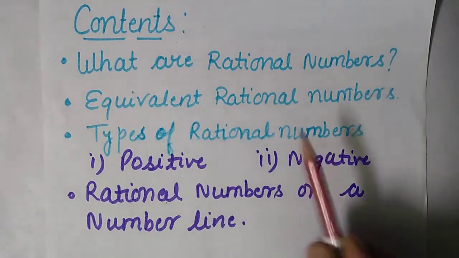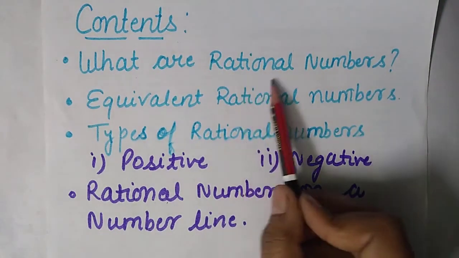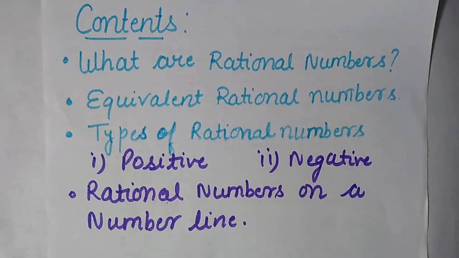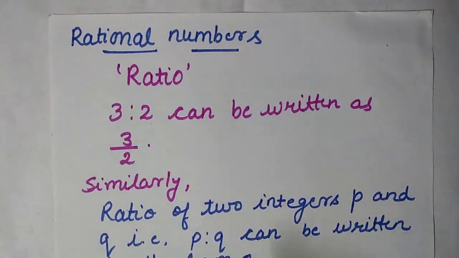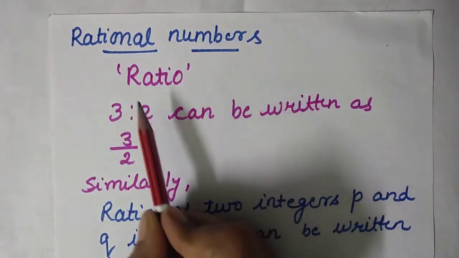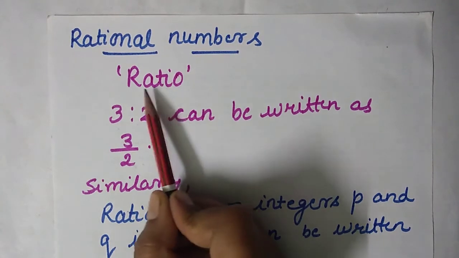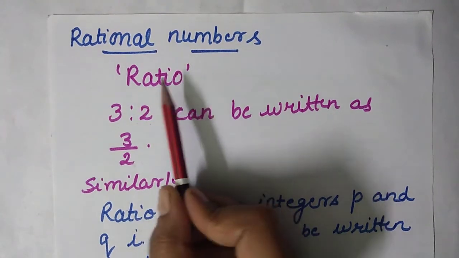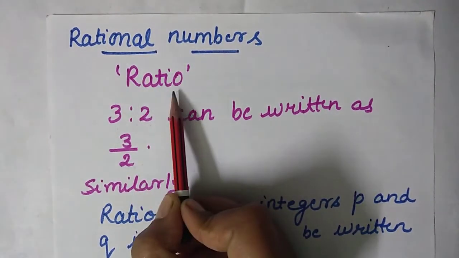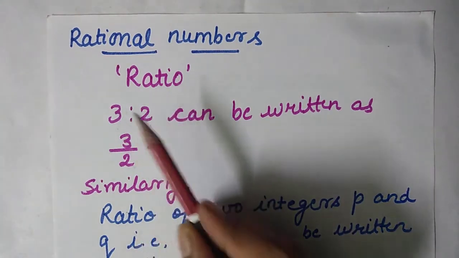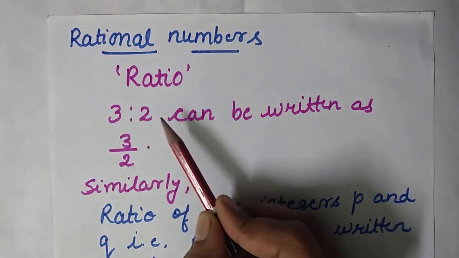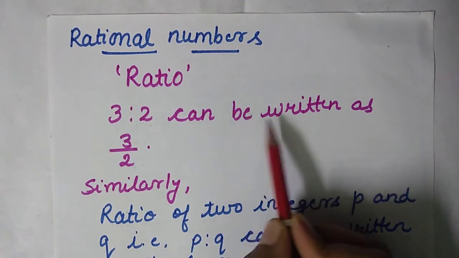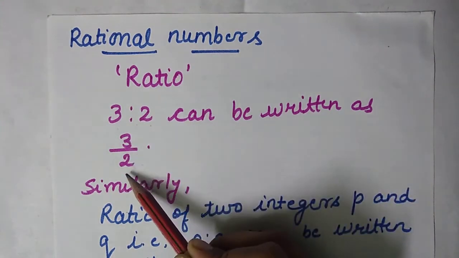So let us start with the first topic, that is rational numbers. What are rational numbers? The word rational arises from the term ratio. You know that a ratio like 3:2 can also be written as 3/2.